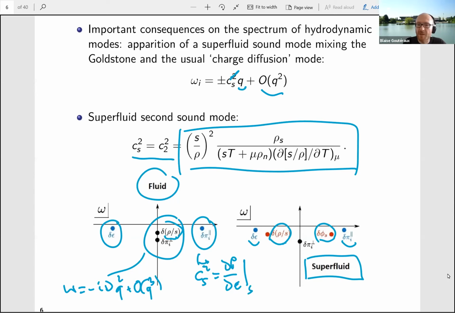Yeah, so that's the main point. Once you turn on a superfluid, the other expressions might change a little bit, but the most important consequence, at least from my perspective, is that a new sound mode appears, which is made up of the original charge diffusion mode and coupling to the Goldstone mode. And it has this velocity.